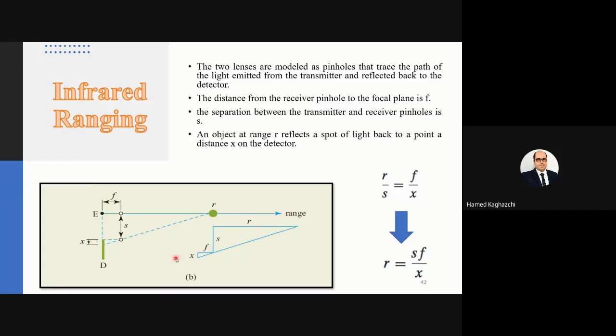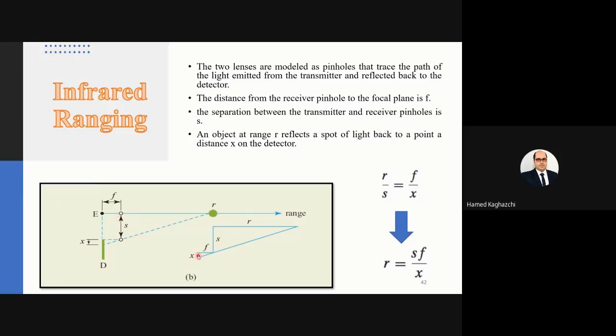This distance is called X. This distance is called F. The distance between the two lenses is called S. And this distance is the range of the object, the distance of the object from the camera.